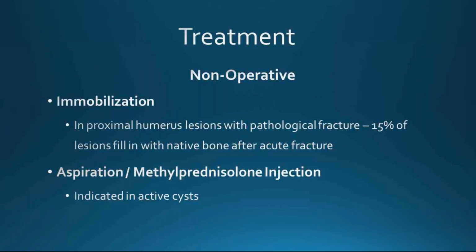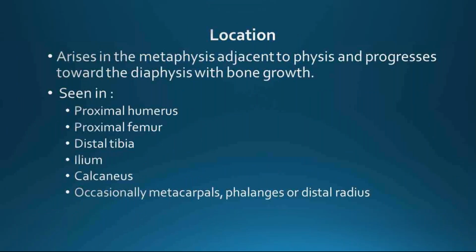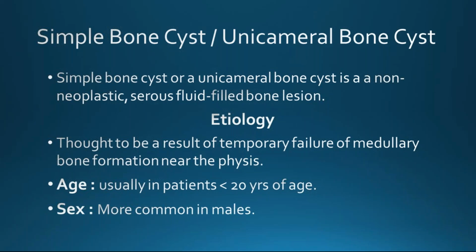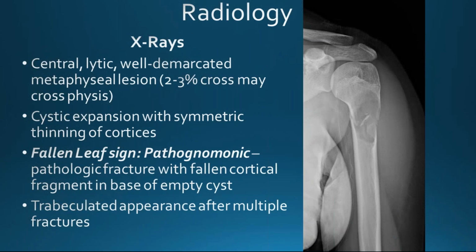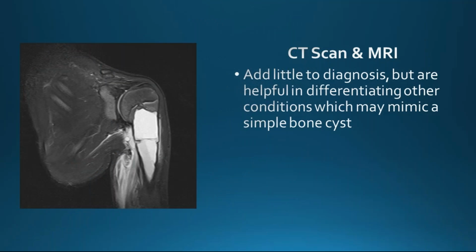Okay, simple bone cyst. We'll revise once again. This is a tumor-like condition, more commonly seen in males less than 20 years of age, more commonly seen in the metaphysis, in proximal humerus, proximal femur, distal tibia, calcaneum. Asymptomatic generally. You can see a fallen leaf sign and well-demarcated central lytic lesion.